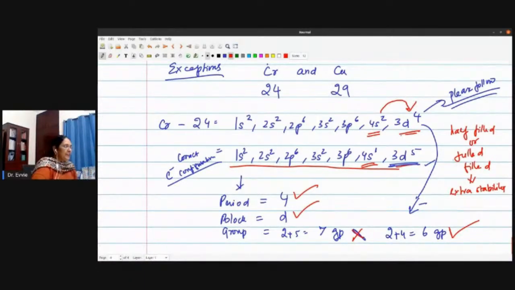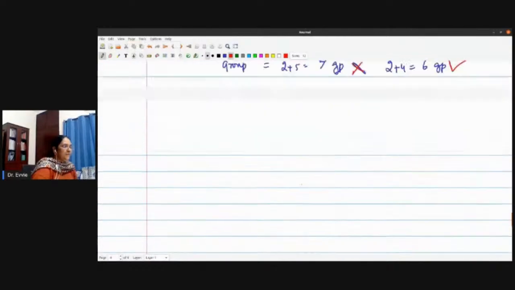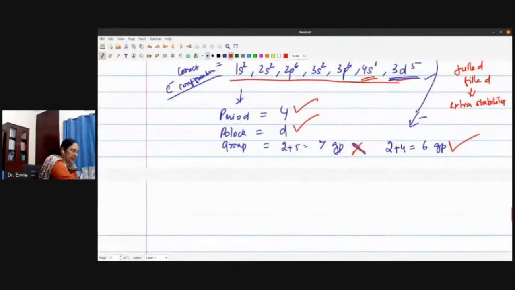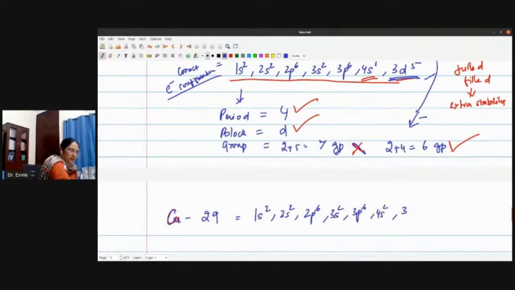Now, coming to the next one, copper. Let me just quickly finish the copper one also. Another exception, copper. The atomic number is 29. So we will write the electronic configuration 1s2, 2s2, 2p6, 3s2, 3p6, 4s2, 3d9.